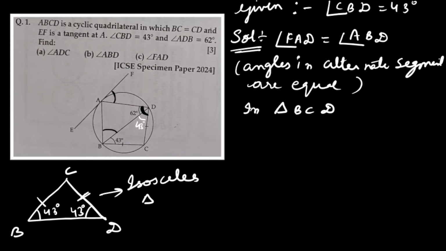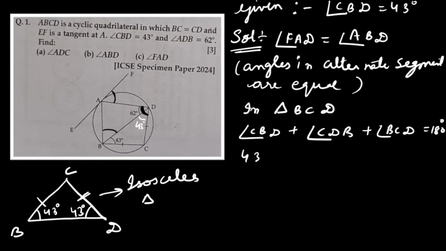By using the angle sum property of a triangle, in this triangle we have to write the full names of the angles: angle CBD plus angle CDB plus angle BCD is equal to 180 degrees.